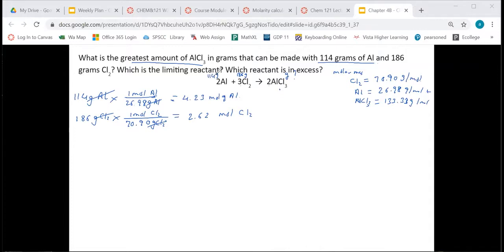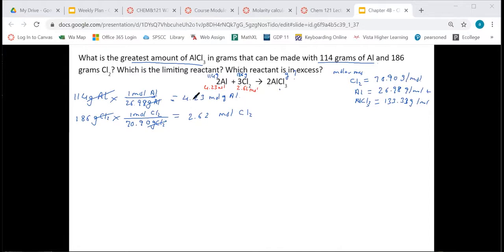So now let me erase this, or you can just write it here in another color. So we have how much? 4.23 mole of aluminum, and we have 2.62 mole of chlorine.